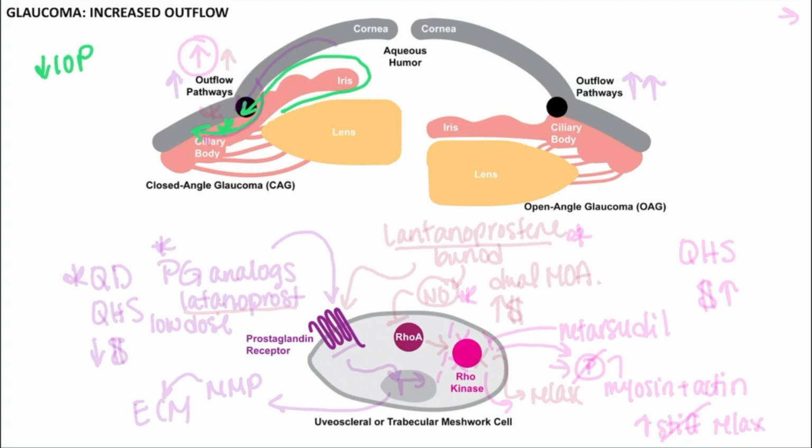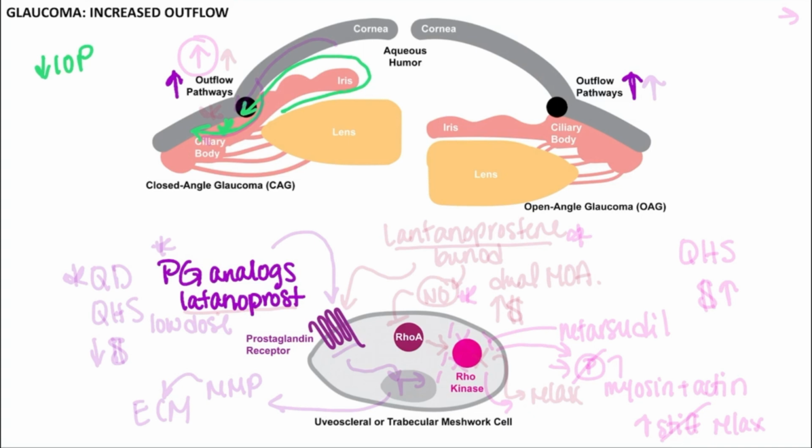So the first group of agents we will discuss on this slide that can promote aqueous humor outflow and restore that intraocular pressure balance are our topical prostaglandin analogs, like latanoprost. What's interesting is that at very high doses, prostaglandins actually cause inflammation and increase intraocular pressure.